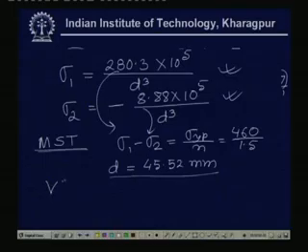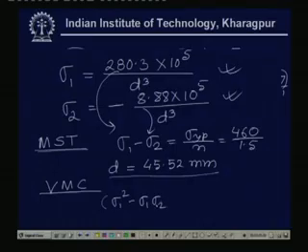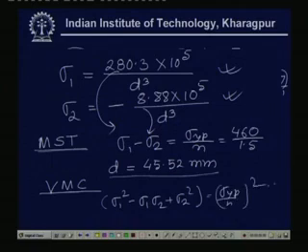If you are using the von Mises criteria, then what you get? You remember it will be sigma 1 square minus sigma 1 sigma 2 plus sigma 2 whole square, and that equals sigma yield point by n whole square.